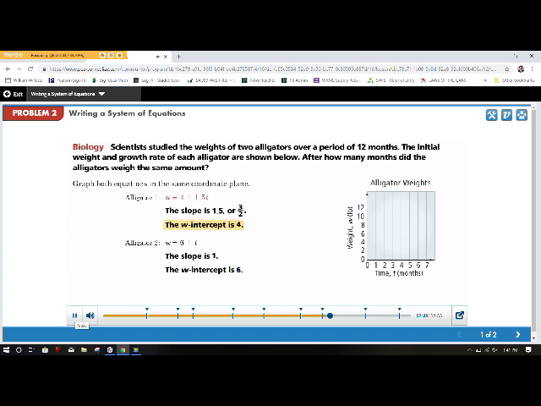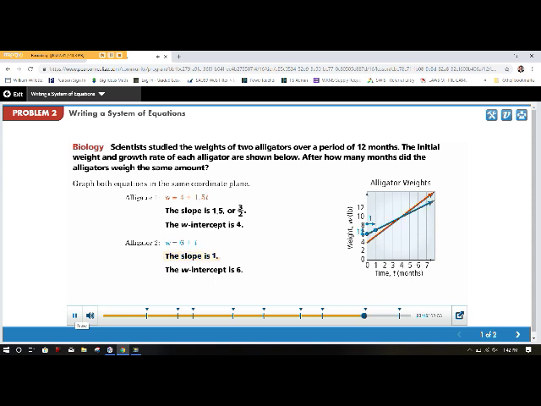Start at the w-intercept 4. Then use the slope to find the next point by going up 3 over 2. Then draw a line through the points. Start at the w-intercept 6. Then use the slope to find the next point by going up 1 over 1.